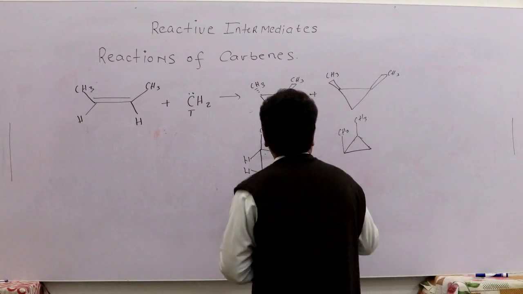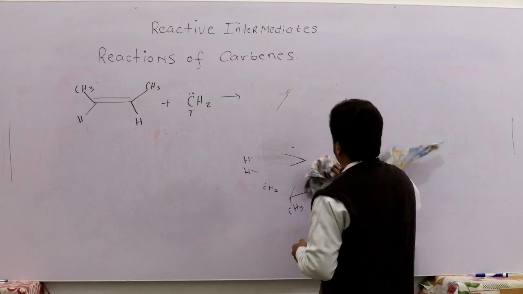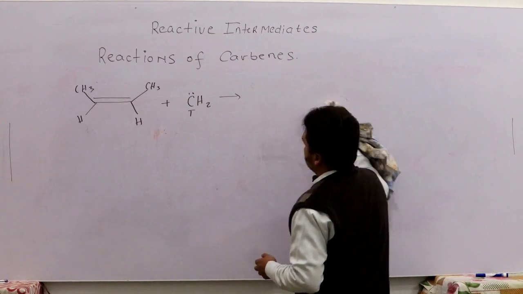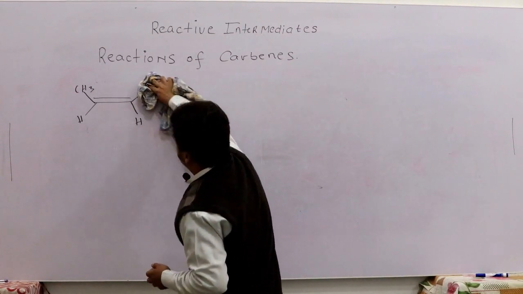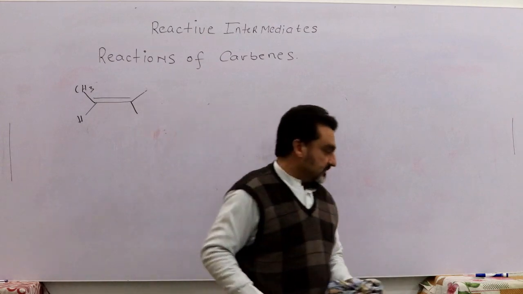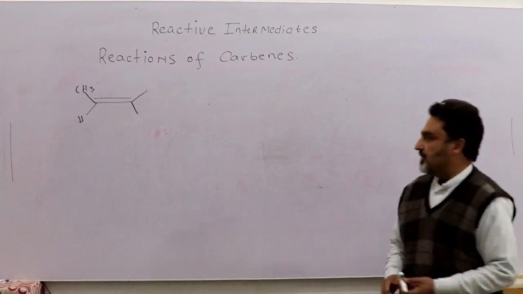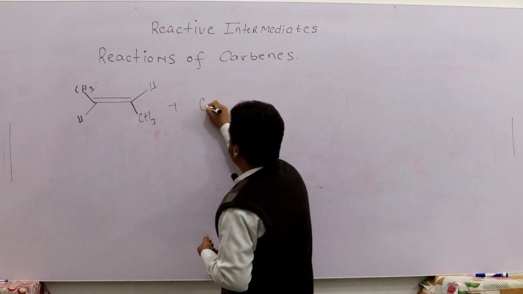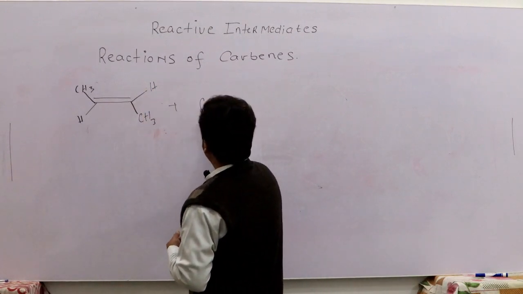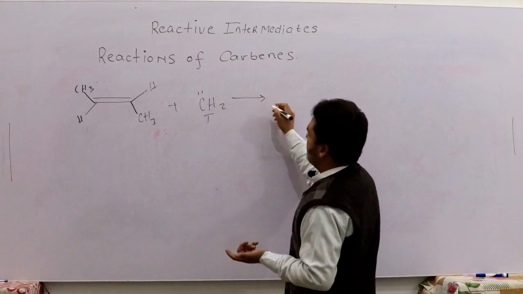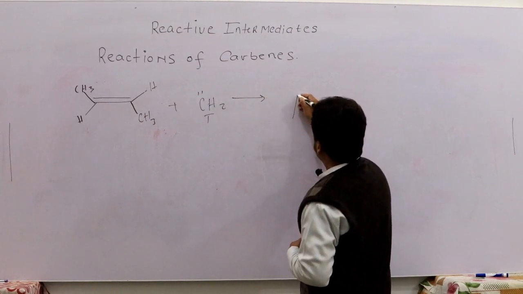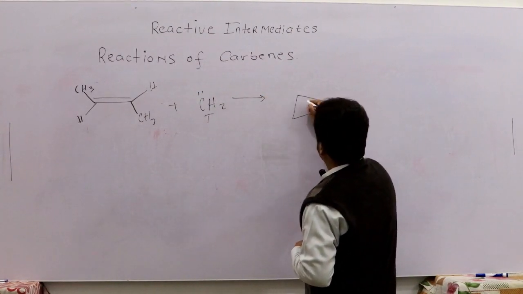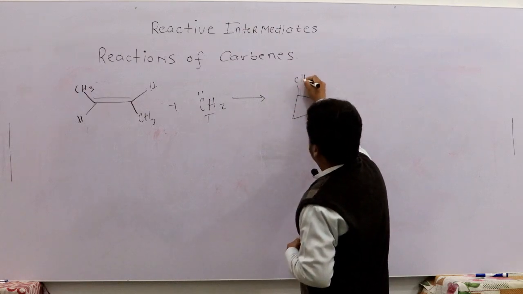No matter what isomer you take, you will meet with both the cis and the trans. Suppose now you take this isomer. Now this is a trans. Again you want to react it with the triplet carbene. The result will be the same. Oh God, help me to draw this correctly.